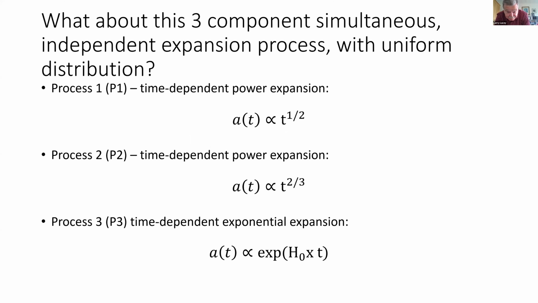So what do you see here? Well, firstly, for this particular process, it's an expansionary process. It's supposed to have a uniform distribution, happy days. And there are 3 processes involved, P1, P2, P3. So what's the first process? Well, it doesn't matter what it is.